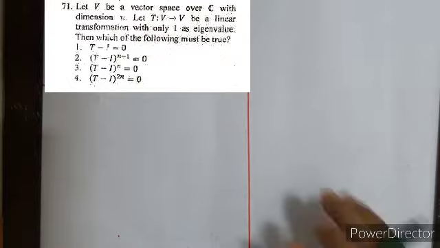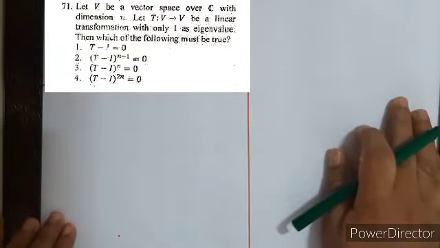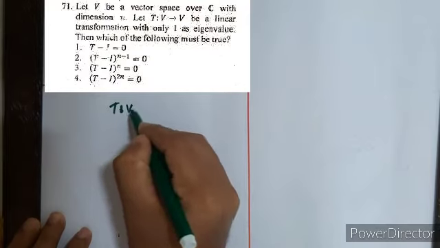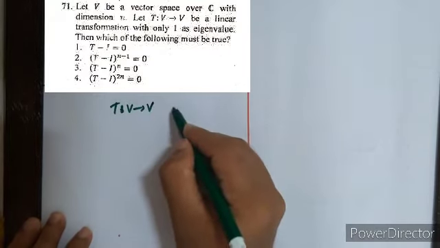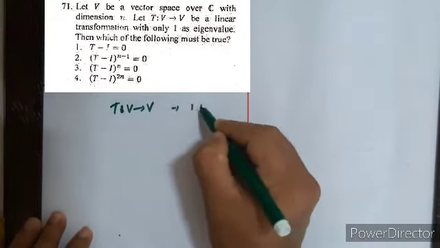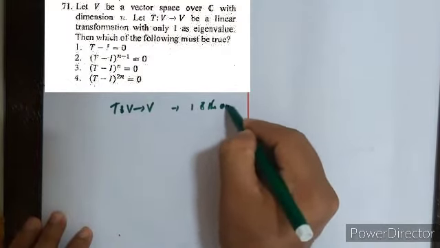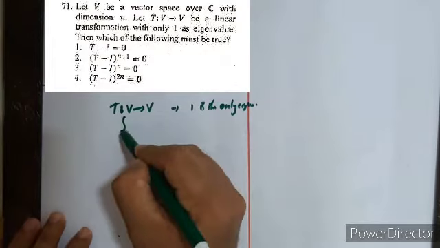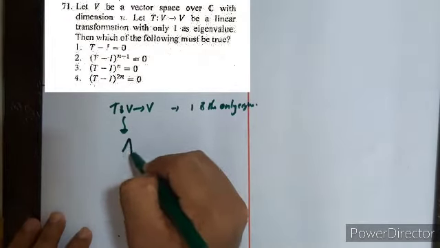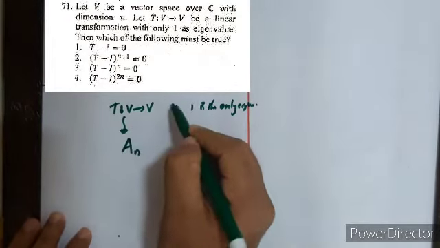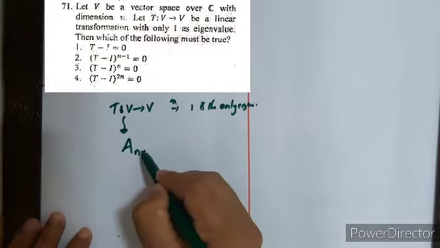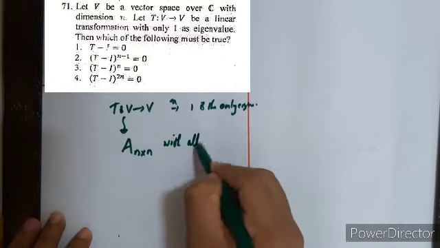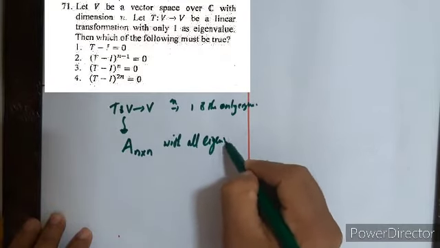Now, here T from V to V is a linear transformation with 1 as the only eigenvalue. So the corresponding matrix is an n by n matrix, since the dimension is n, with all eigenvalues 1.